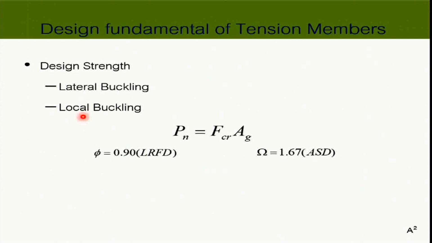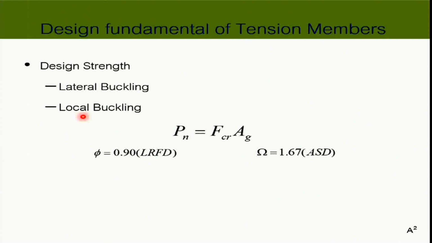Because F critical is when the entire member buckles or fails, right? But if your flange or your web or whatever element you have in your cross section is too slender, that failure will occur before we can reach F critical.